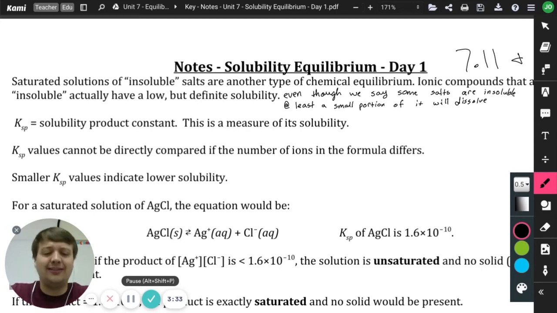Now, we actually can't compare Ksp values directly if the number of ions in the formula differ. If we've got the same number of ions, that works, but if we don't, we cannot compare. One thing to make things easier is that a smaller Ksp value can indicate a lower solubility, a lower ability for something to actually dissolve.